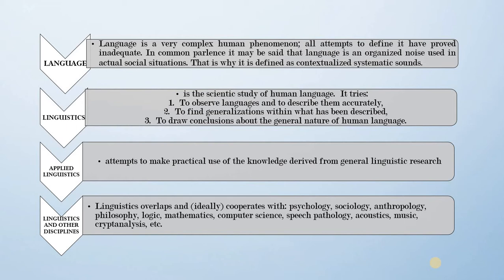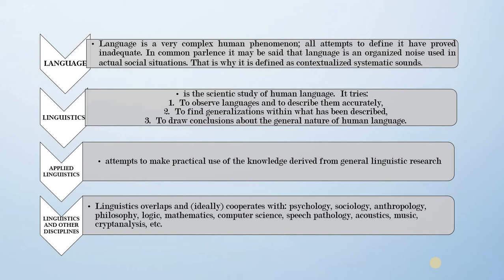In common parlance, it may be said that language is an organized noise used in actual social situations. What does it mean? It means that it is a noise that has a system, that has a rule. Okay? It is not like any noise. I can hear noises from here and there, but they are unclear, a noise not organized.